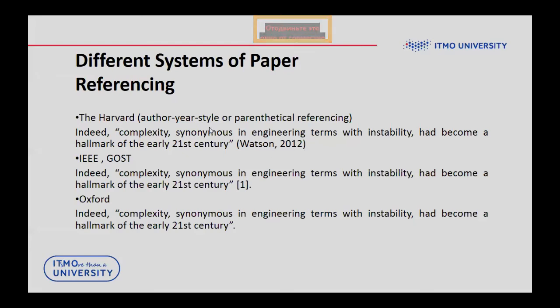In this system of citation, you have to put the name of the first author and the year of publication of the paper. At the end of the document, you will have the full bibliography, like the title of the paper, the title of the journal where it was published, the publisher, and so on.